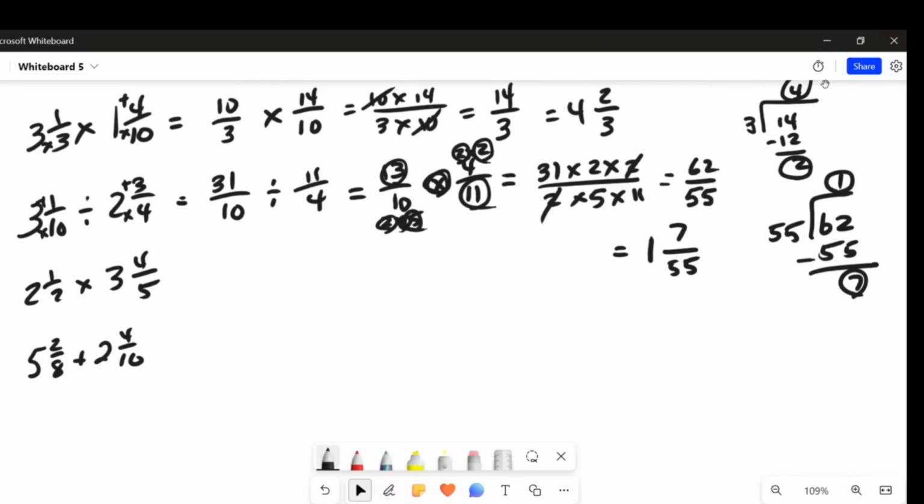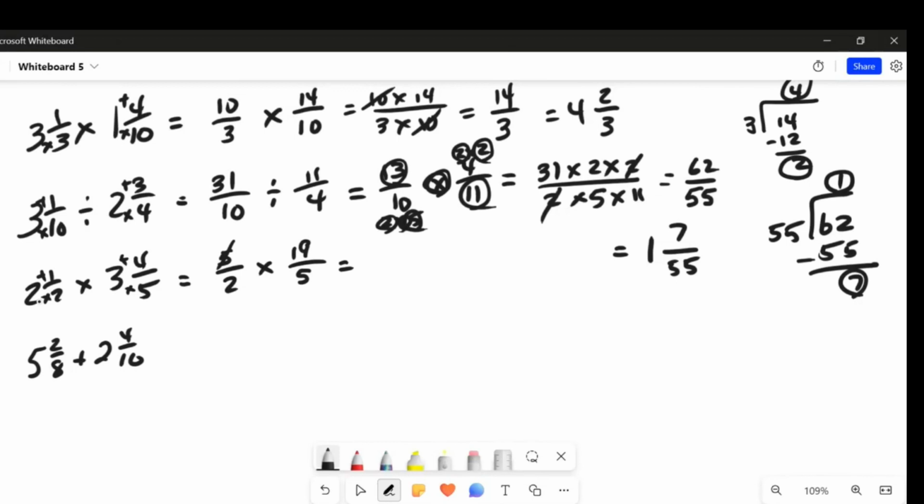All right, number 3. Number 3 on the multiplication, 2.5 times 3 4/5. When we're multiplying mixed numbers, we have to change to improper fractions. 2 times 2 is 4, plus 1 is 5 halves, times 5 times 3 is 15, plus 4 is 19 fifths.